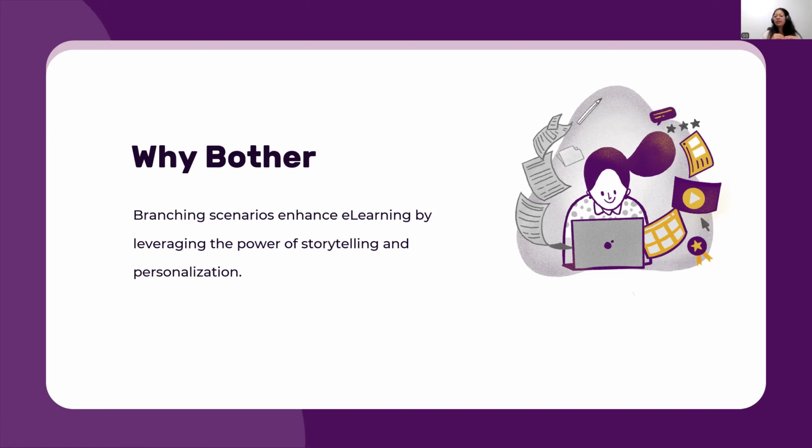Or you could use branching for personalization, where if I have this role, then I get this content. If I have that role, then I get something else. So many different ways of using it.